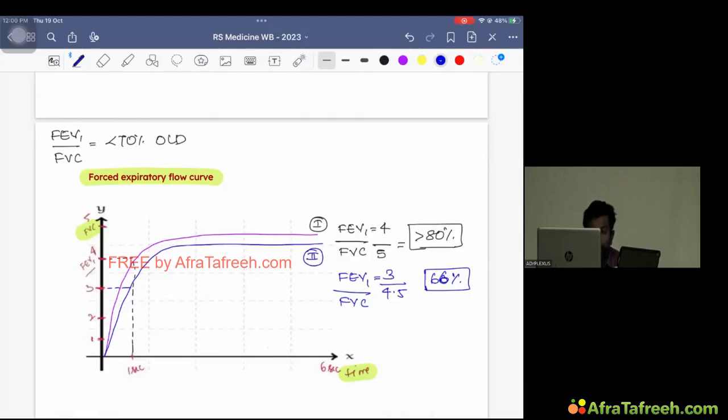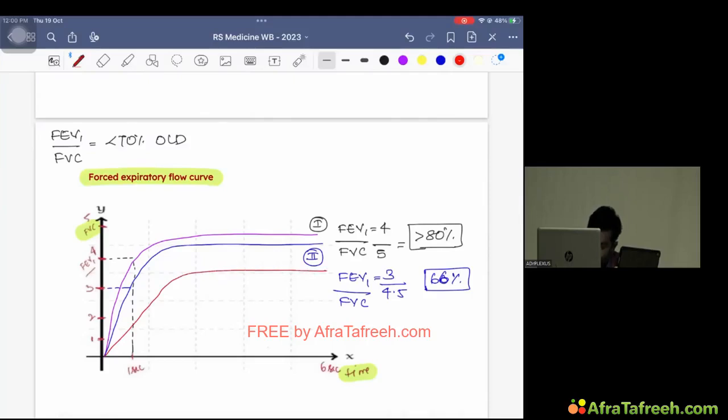You told the patient not to smoke, but he didn't follow your advice and he comes to you after 5 years. Third scenario, where FEV1 by FVC is 1.5 by 3.5 into 100, which comes somewhere around 40%.